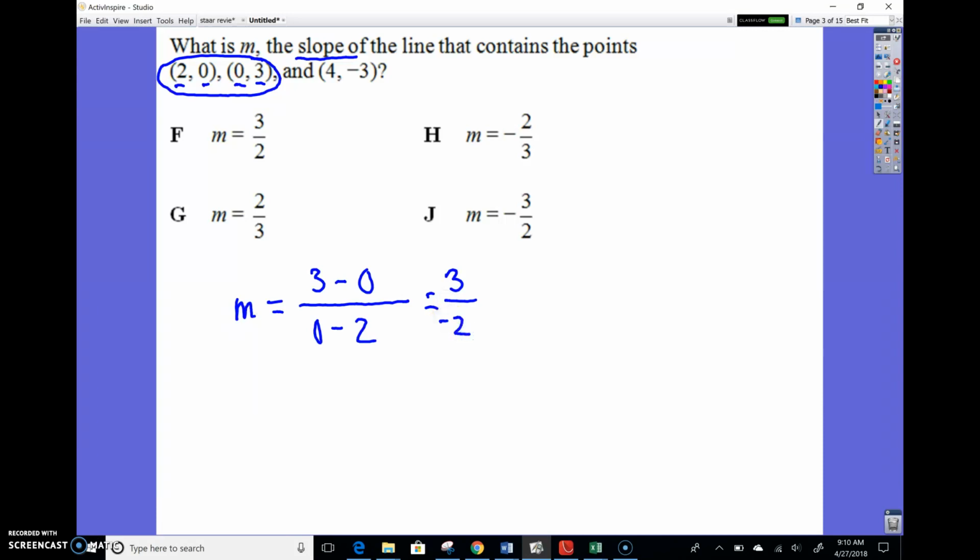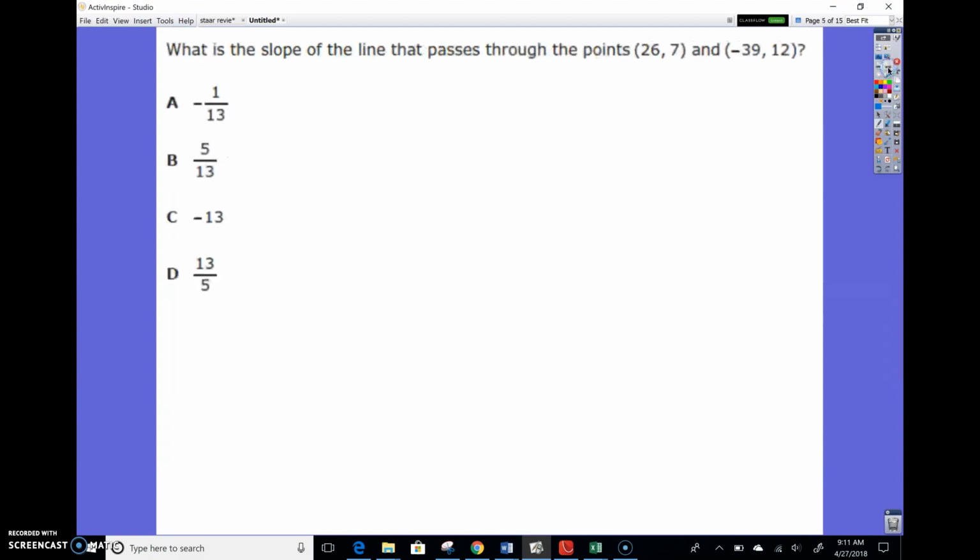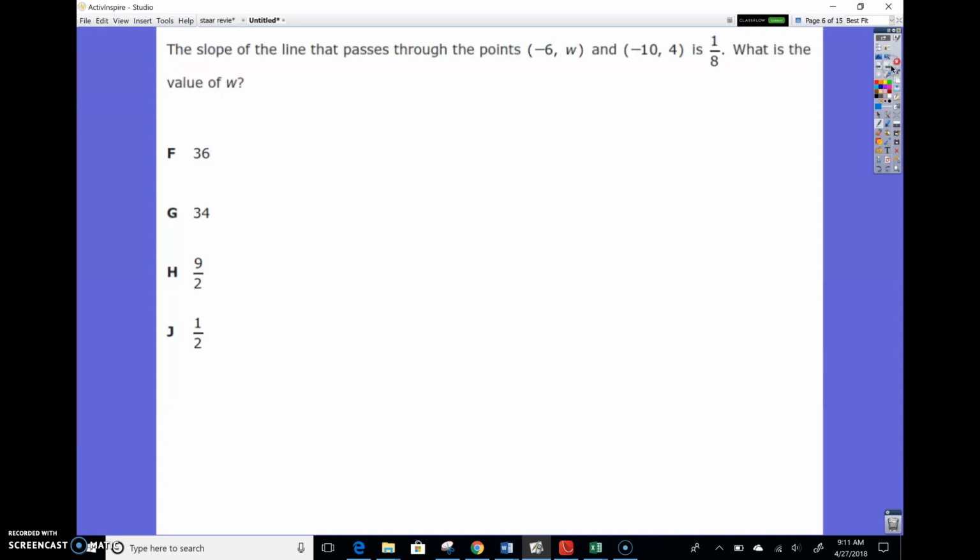You can put all of that in the calculator, and that's what you're going to end up with. I want you to try this one on your own, then this one on your own.